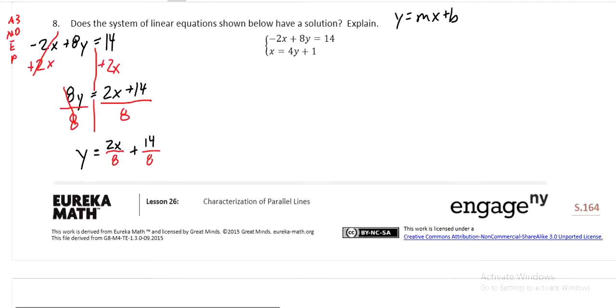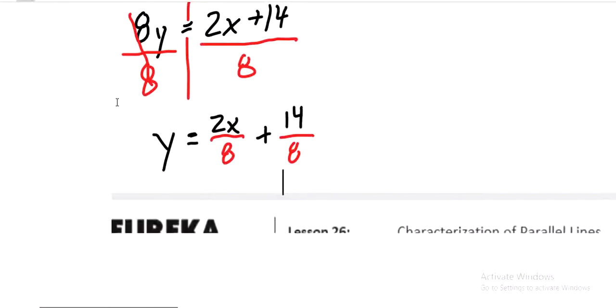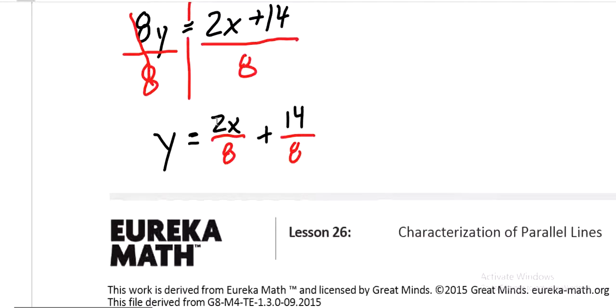The nice part about working with fractions is that when you have a number with x, so 2 times x over 8, just think of it as 2 over 8 being multiplied by x.